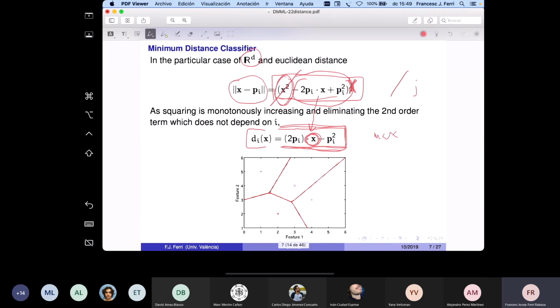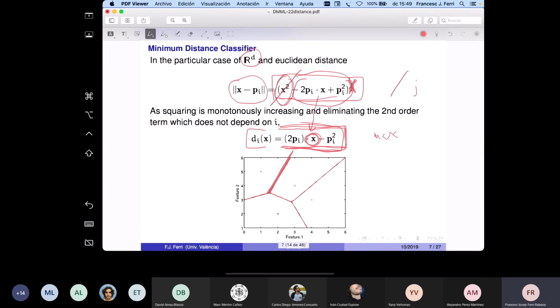An example here, 1, 2, 3, and 4 classes. If we compute these linear functions for all classes and compare them, then we have this boundary between these two classes.